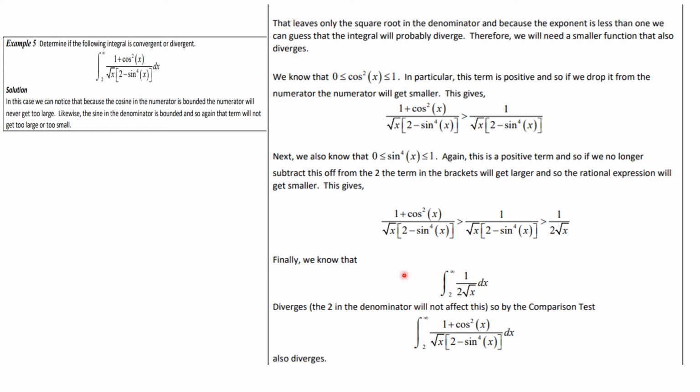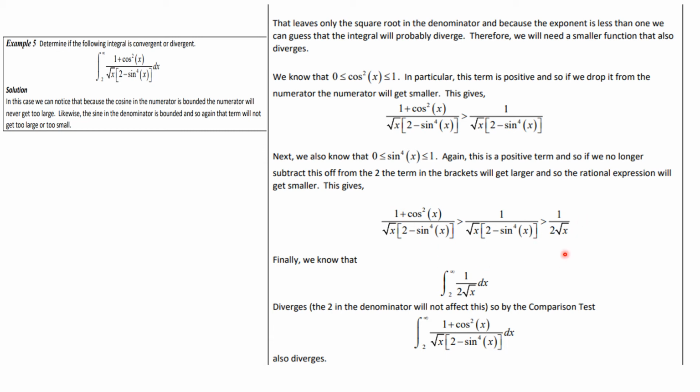So in the denominator, we're taking the square root of x and multiplying it by a positive number. And if I make this number as large as it can be, then I'm making the denominator bigger. And so that means that I have the inequality going this way.